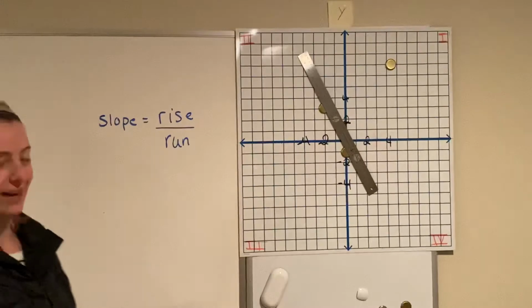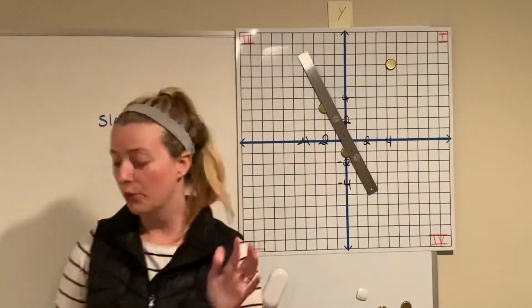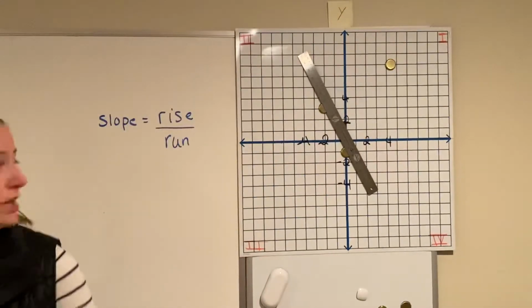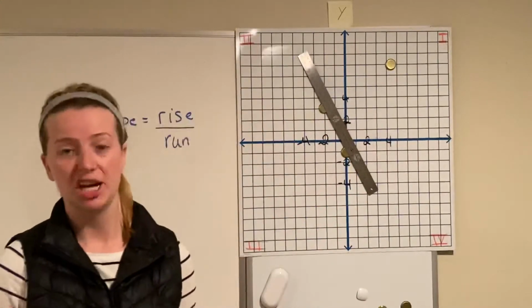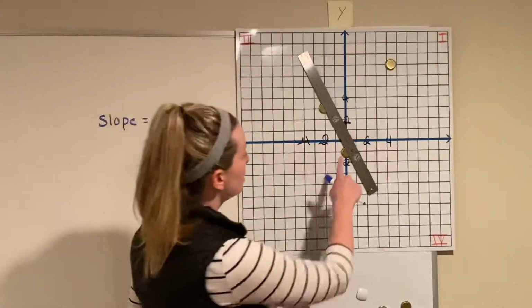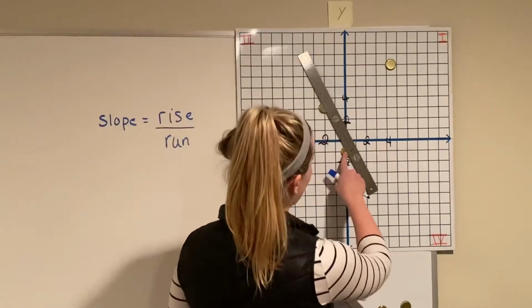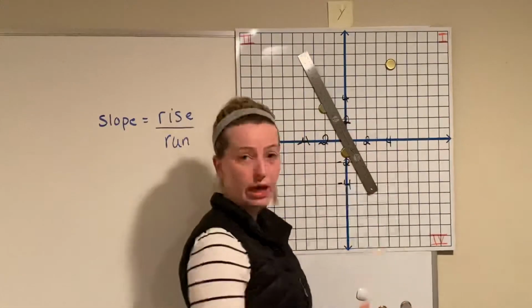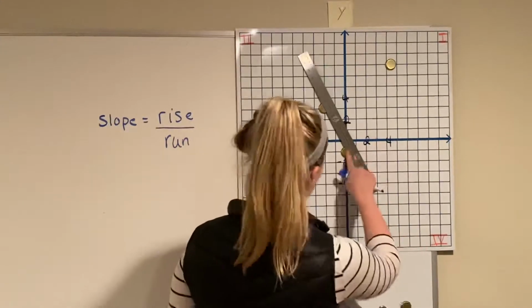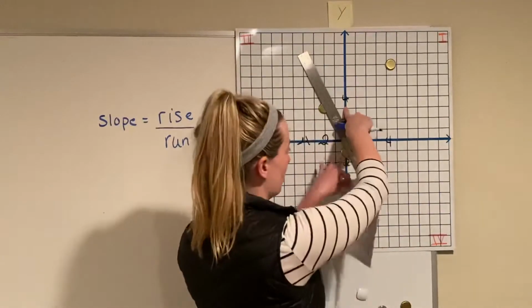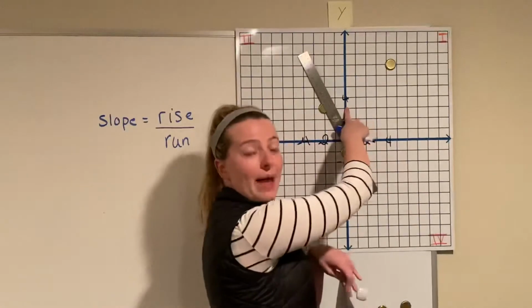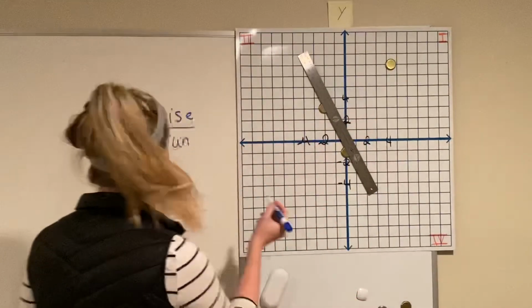And so what they did on your page is they did a fall, but we're going to stick with the concept of a rise. We're saying between these 2 points, what was my vertical change? How much did I rise? So if I started here at -1 and I go all the way up to +3, what was my change? 1, 2, 3, 4. So to go from -1 to 3 meant I had a rise of 4 units.